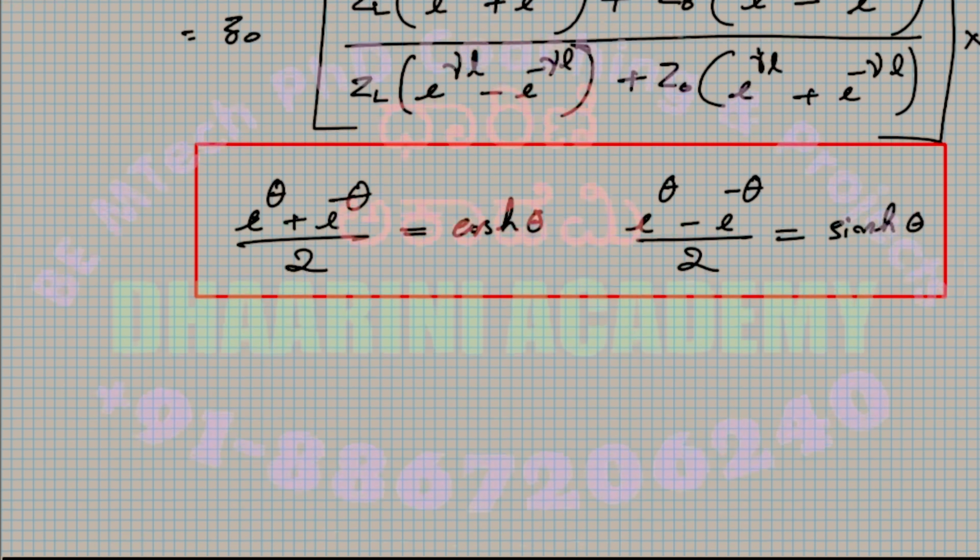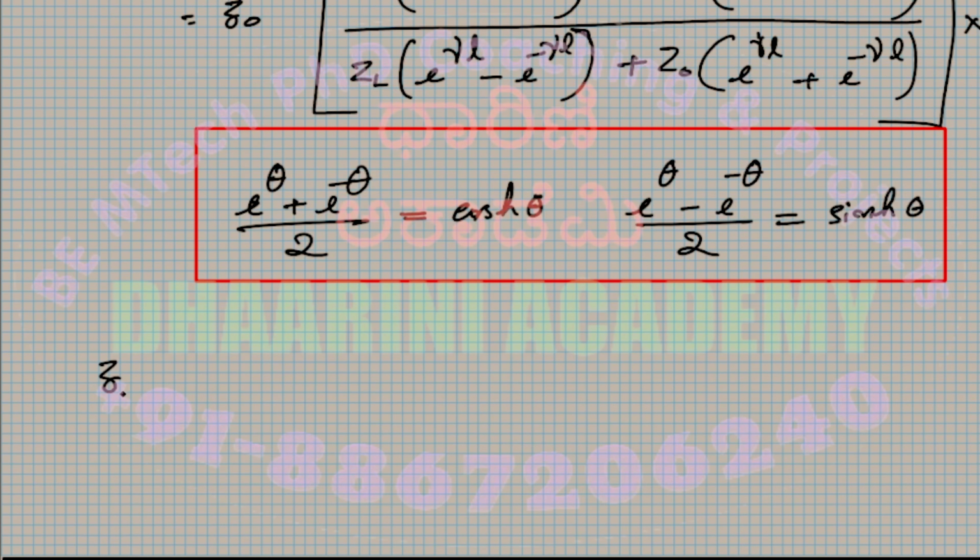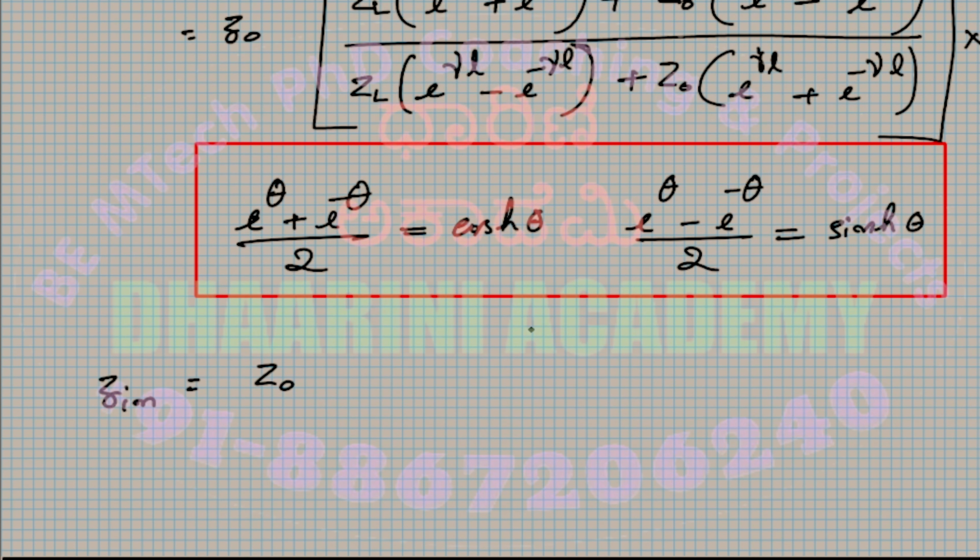Okay, so we are still calculating the Z in here. So Z in is equal to Z naught into, okay, let me write what we have, ZL into e to the gamma L plus e to the power minus gamma L by 2.